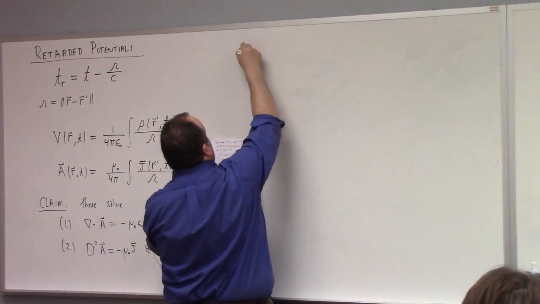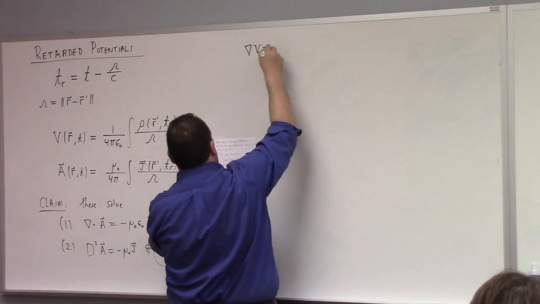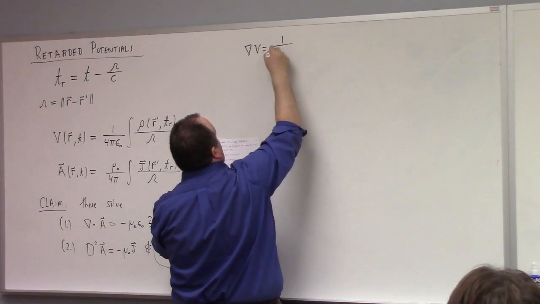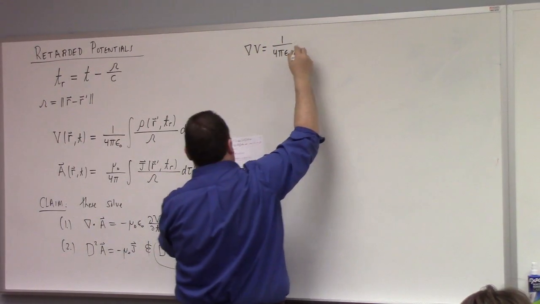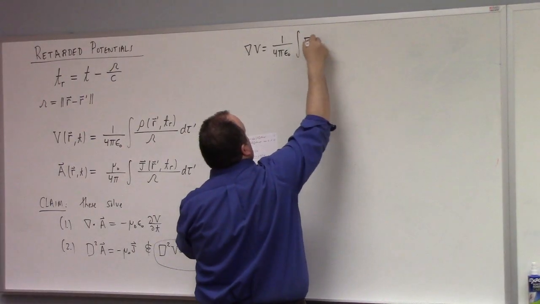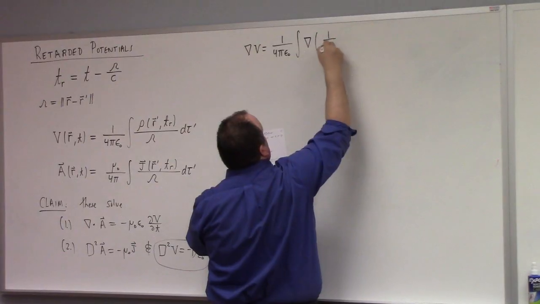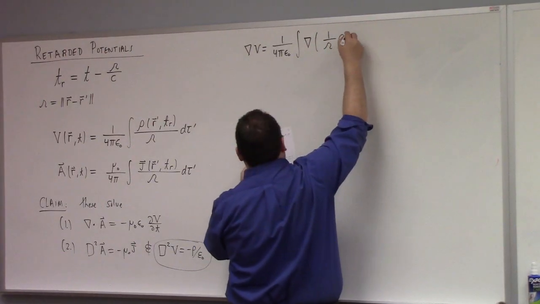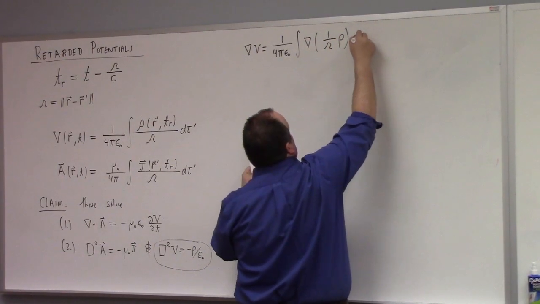So, nabla V would be 1 over 4 pi epsilon naught times the integral of the gradient of 1 over r times rho d tau prime.